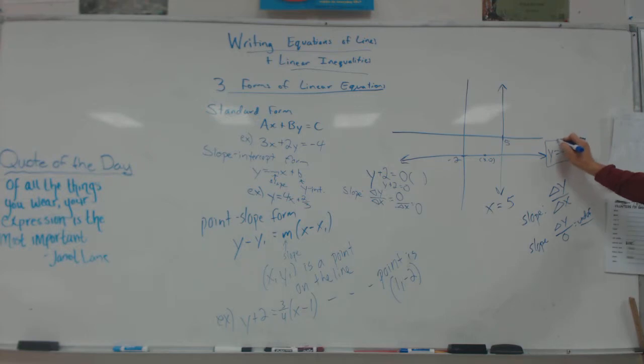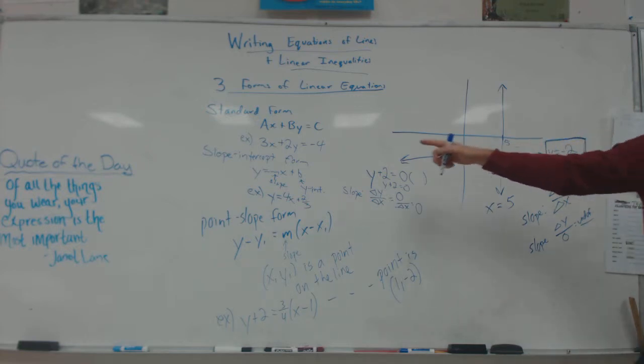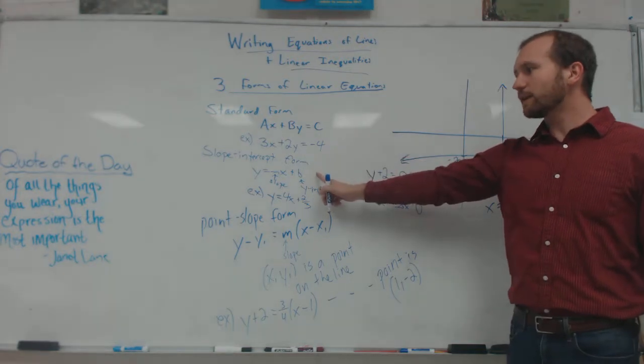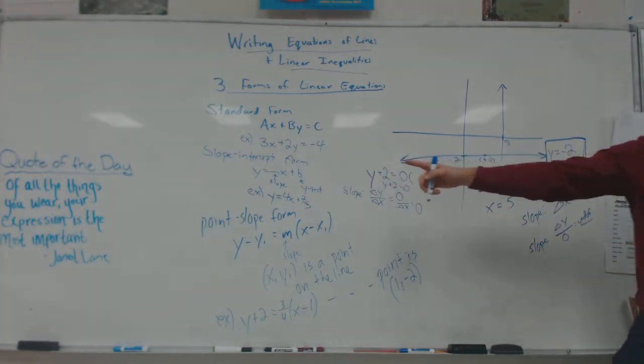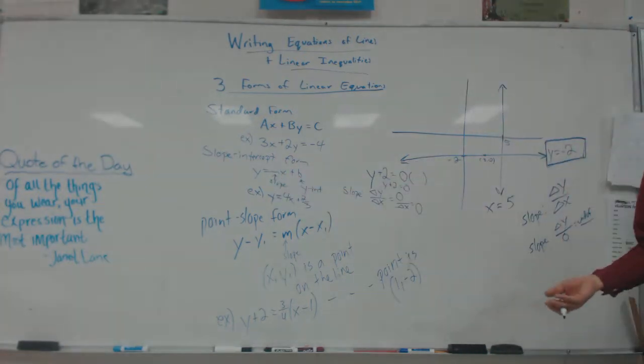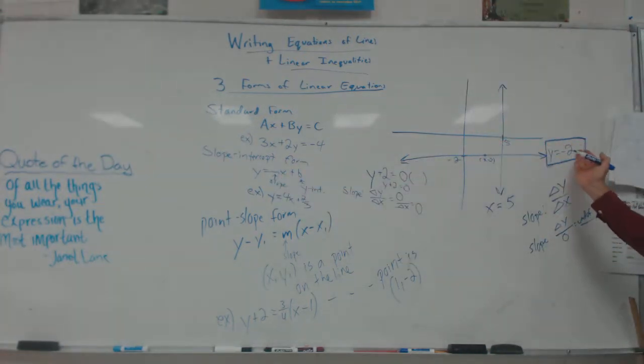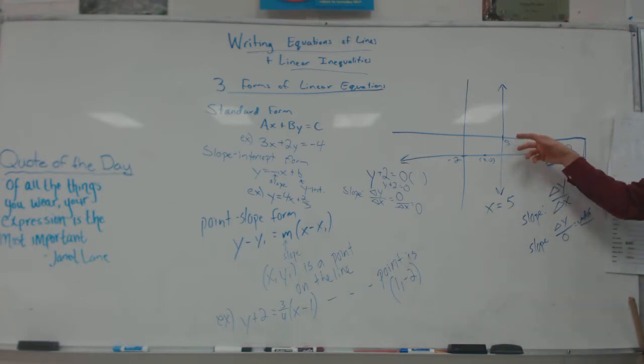So this is the equation of a horizontal line. y equals, that is standard form, and it is also slope-intercept form, with the m, the slope, being 0 for a horizontal line. So these are always going to be our two exceptions, vertical lines and horizontal lines.